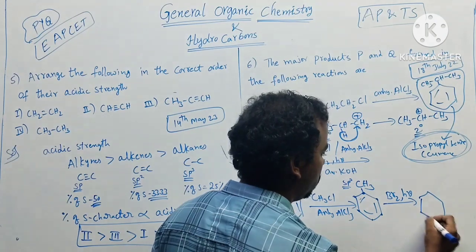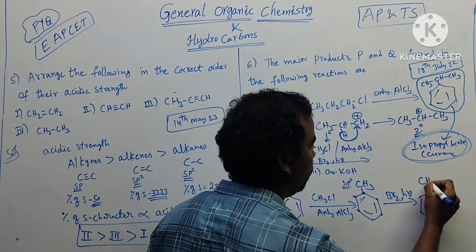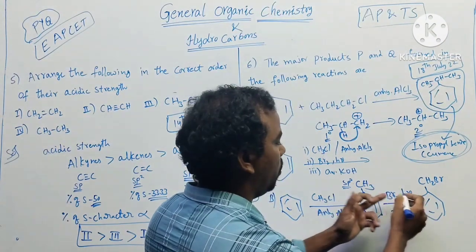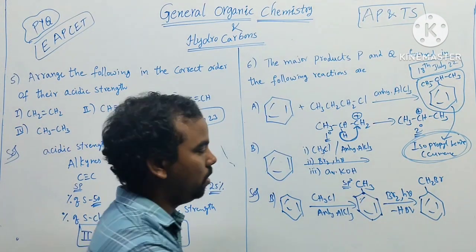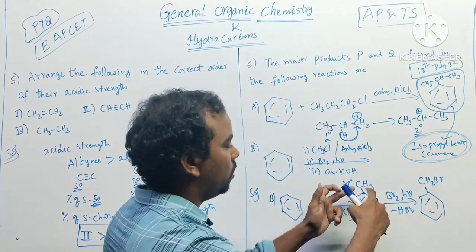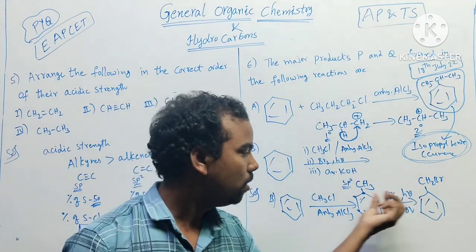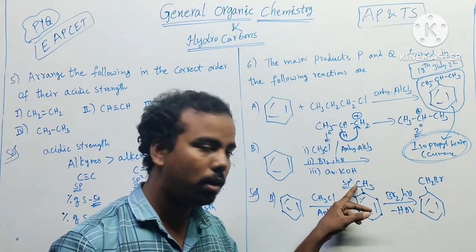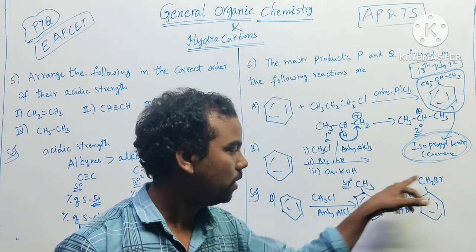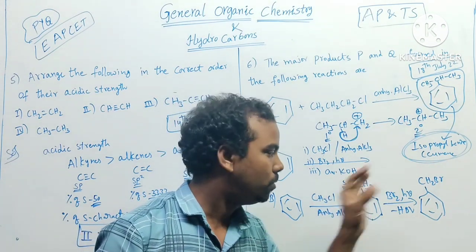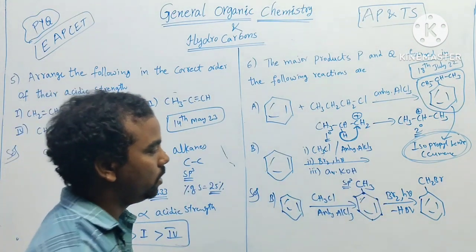So then it forms CH2Br, with loss of HBr. One hydrogen is replaced by a bromine atom. It is a benzylic carbon, benzylic hydrogen. So that's why it is called benzylic substitution. So CH2Br is formed.